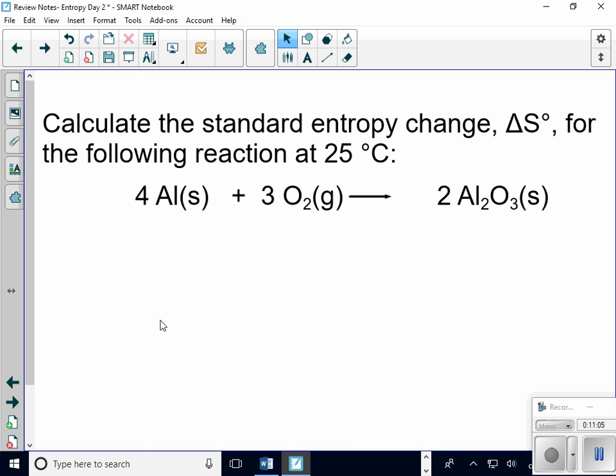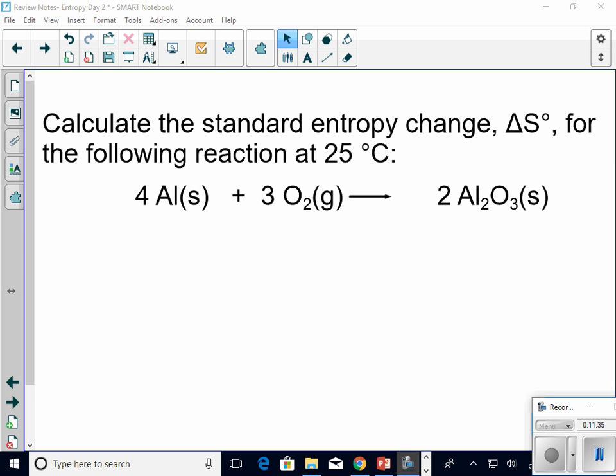Okay, go ahead and copy the second example, and then we will work it. It says calculate the standard entropy change for the following reaction at 25 degrees Celsius. 4 aluminum solids plus 3 molecules of oxygen gas will yield 2 aluminum oxides in the solid form.